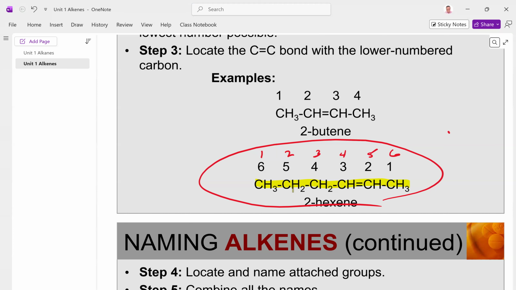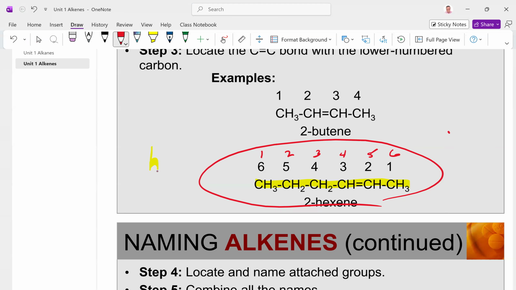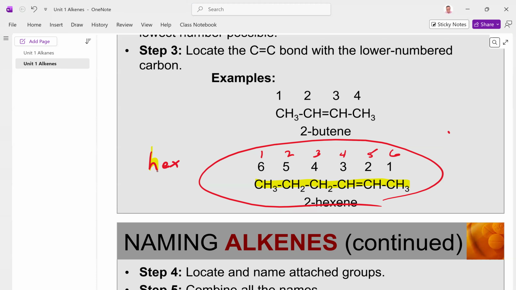All right, so no branches. No carbons off the backbone. Okay, so now we get into it. So that means there's only going to be 2 parts to the naming. How long is the backbone? 6 carbons long. So now, instead of ane, it's going to be ene, E-N-E.